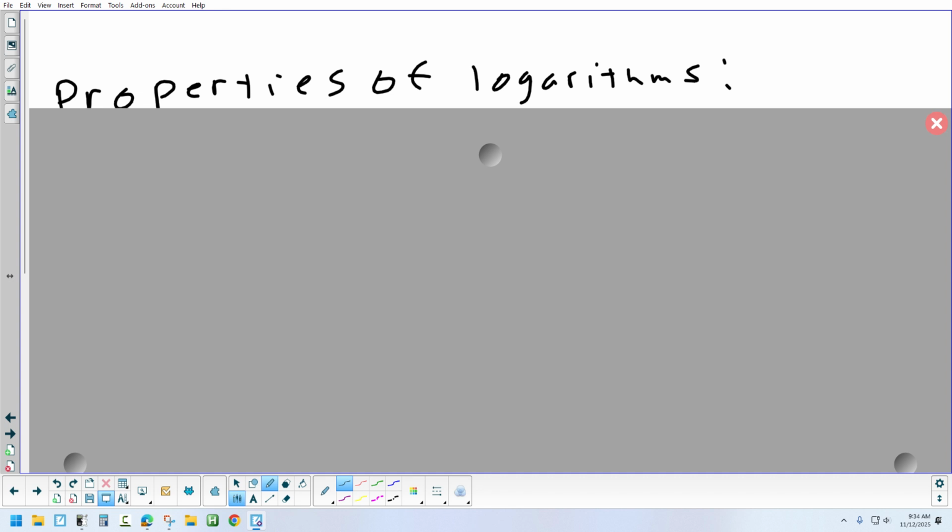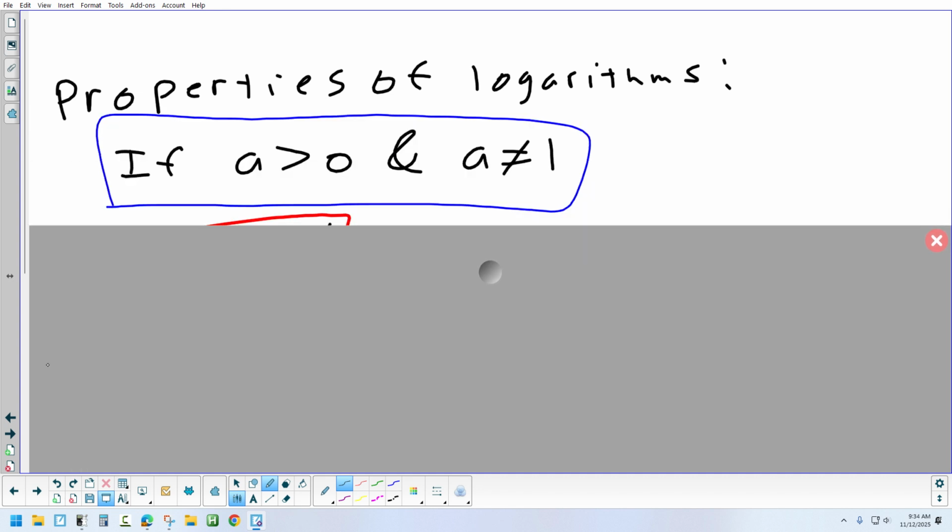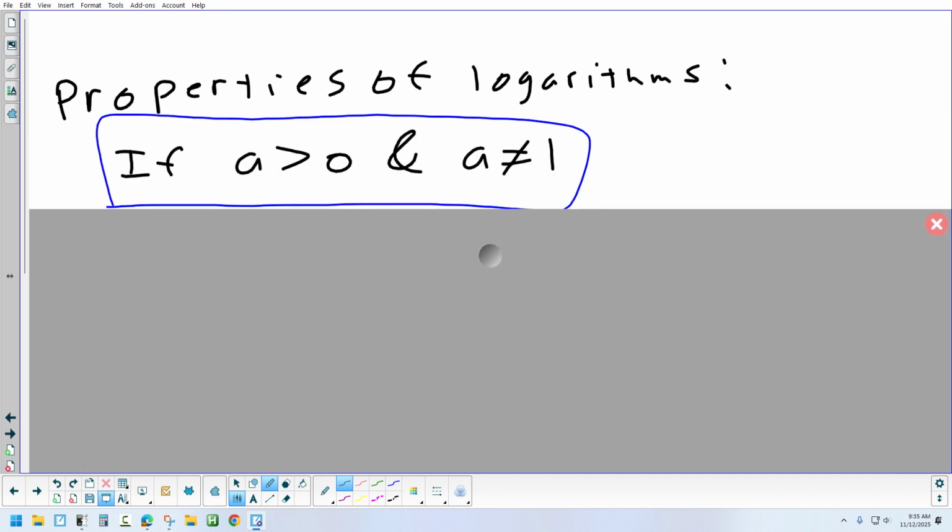Okay, these properties are kind of like special patterns that will occasionally come up, and if they do come up, it's going to make simplifying very easy. Just like with all other properties with logs, I'm not going to have any negative bases. I'm not going to have any negative arguments.